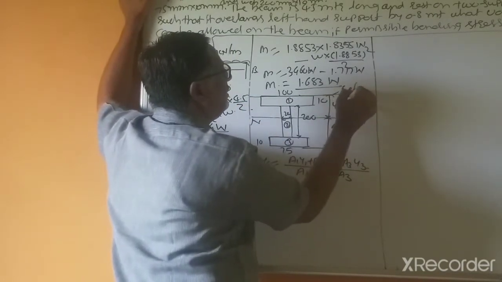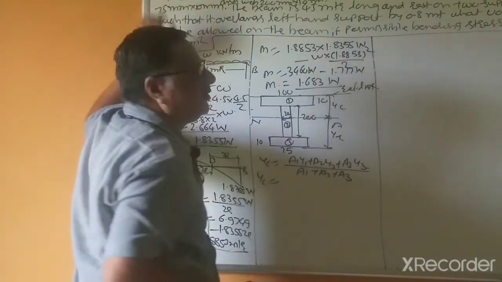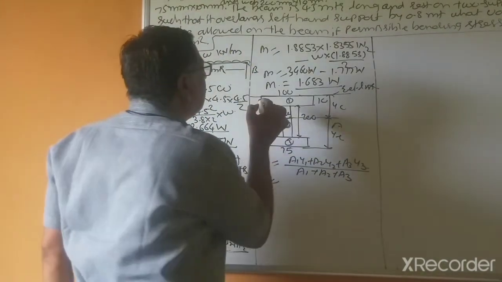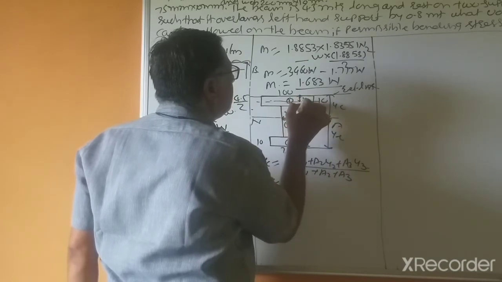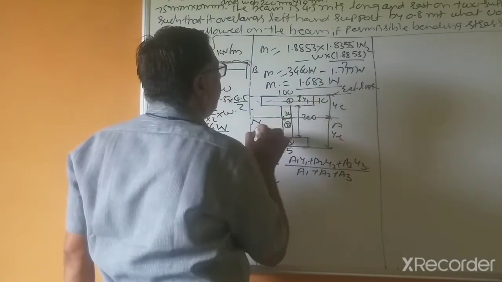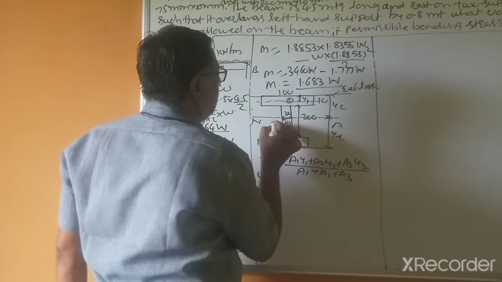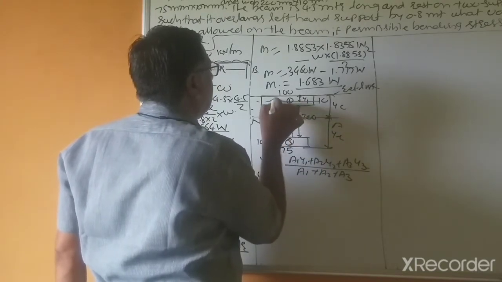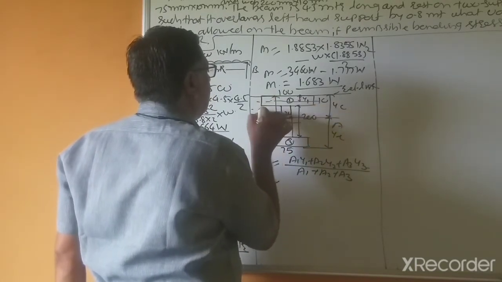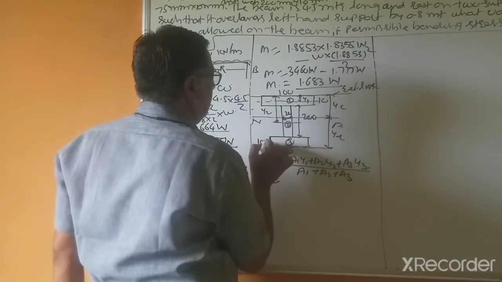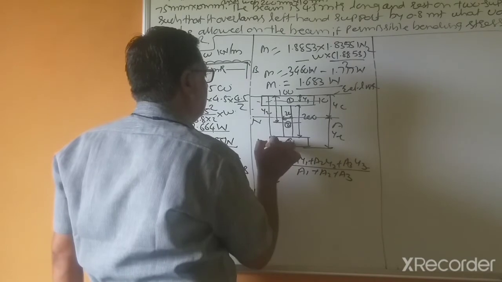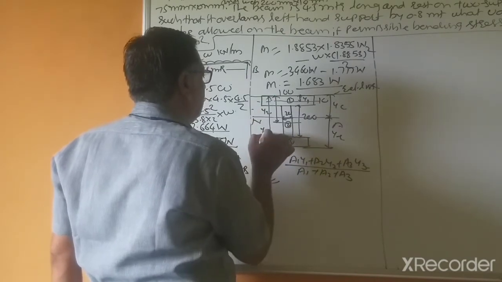This line is the reference line. So this is y1, this is y2 and this is y3.